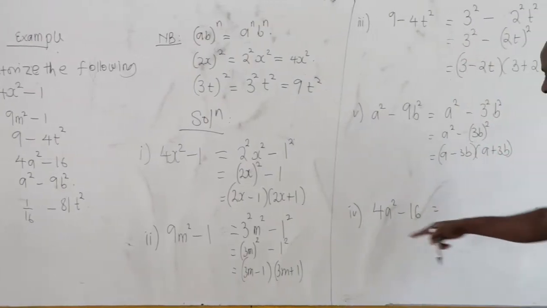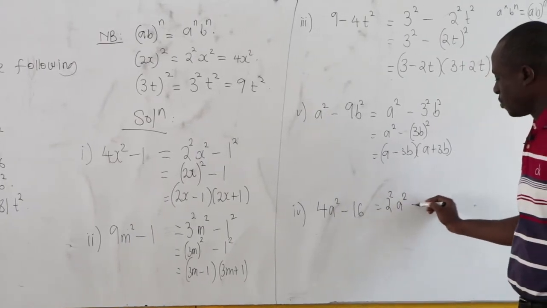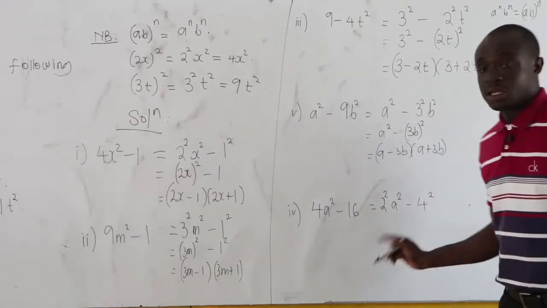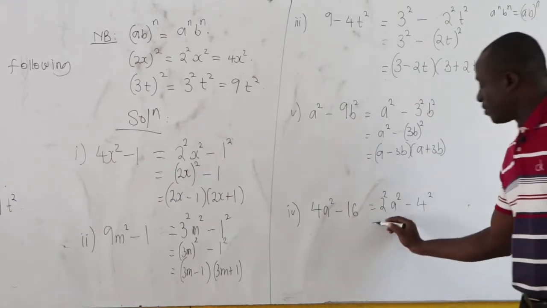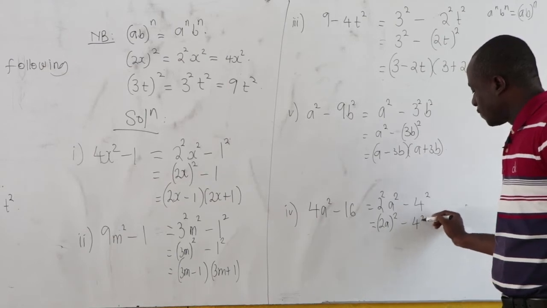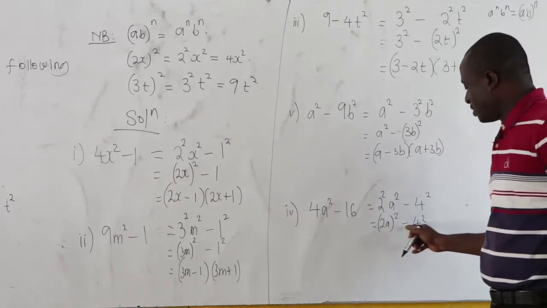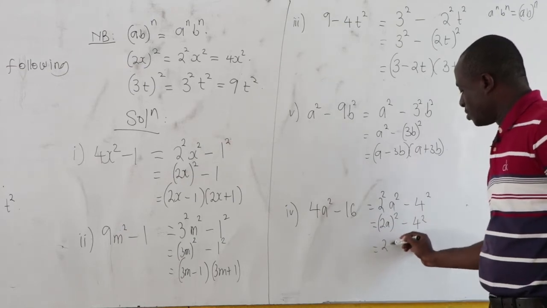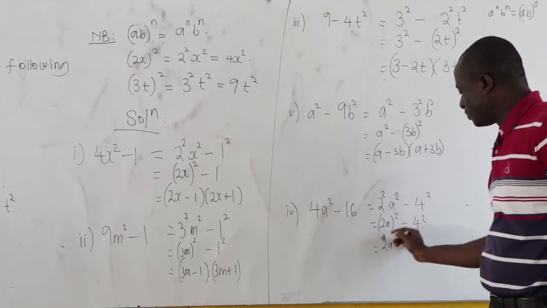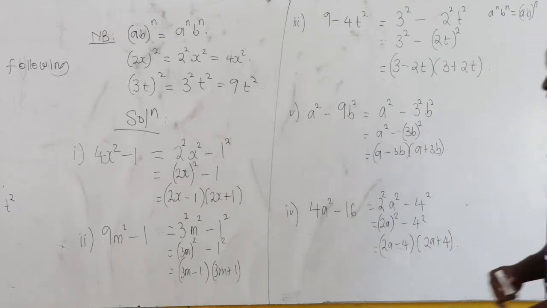We can change the 4 to 2 squared, a squared, minus 4. 16 can be expressed as 4 squared. Now this is the same as (2a) all squared minus 4 squared from the property over there. Now this is a difference of two squares. So here 2a minus 4, and then we have 2a plus 4, applying difference of two squares.